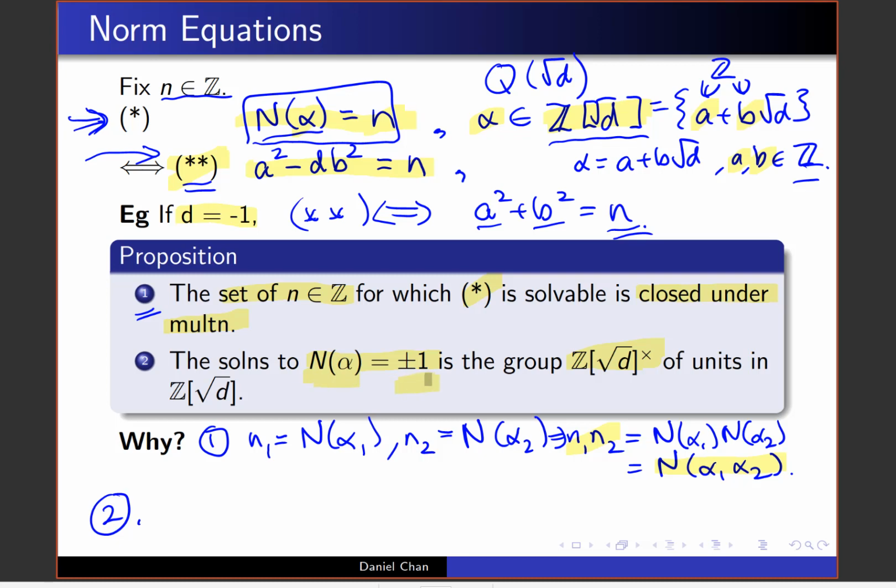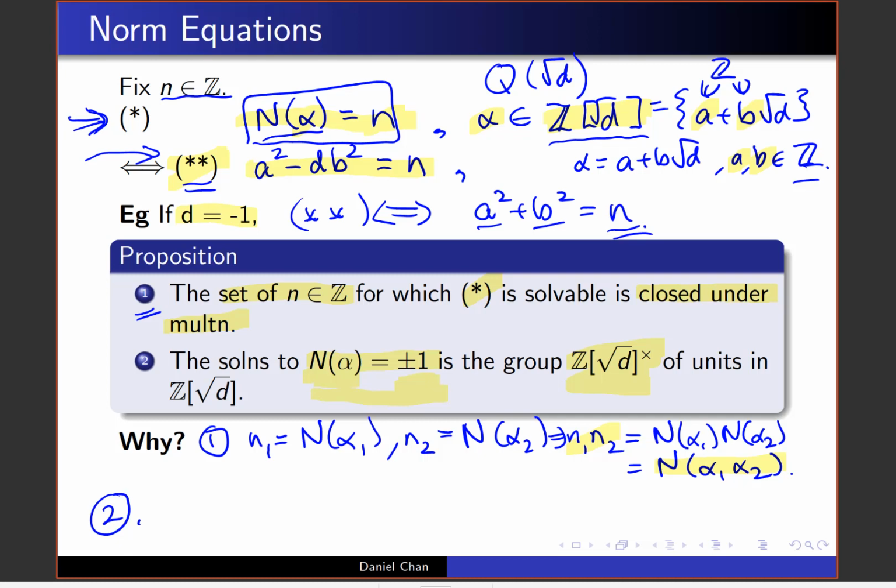They're the units inside Z. And so you're saying these are the only elements of Z[√d] whose norms are units themselves. Okay, that's what's going on there. So let's just do one part of this. Suppose we want to say that the norm of alpha is indeed plus or minus 1.